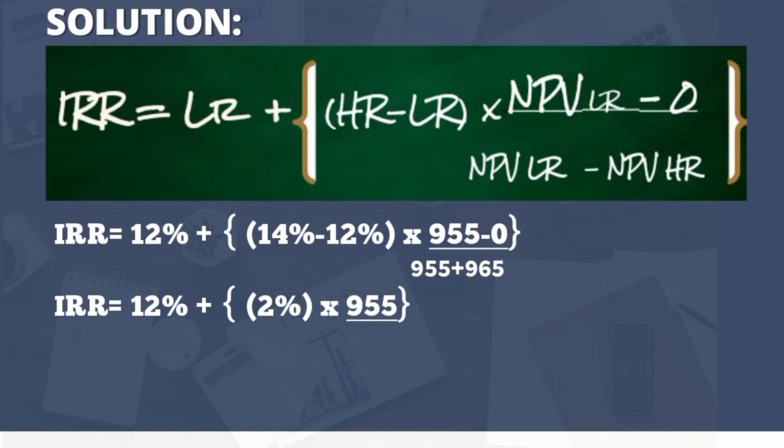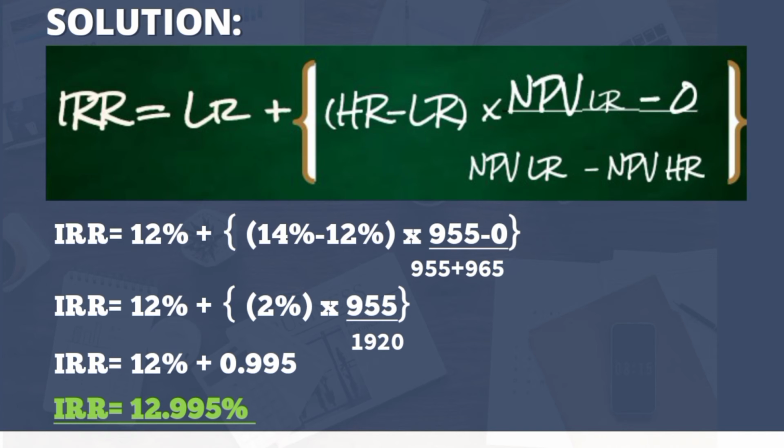The IRR is equal to 12% plus 2%, which is galing siya sa 14% minus 12%, which is 2%, times 955 over 1,920. Kasi pinag-add natin yung values ng 955 plus 965. So, the IRR is 12% plus 0.995. And we have here the final answer. Internal rate of return is equal to 12.995%.